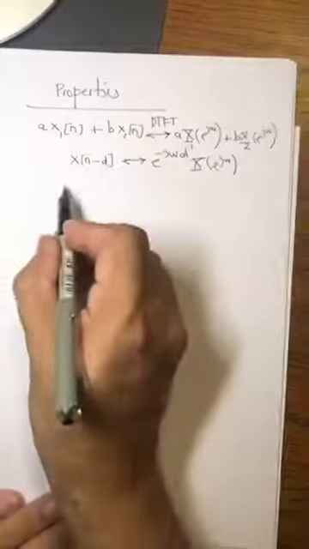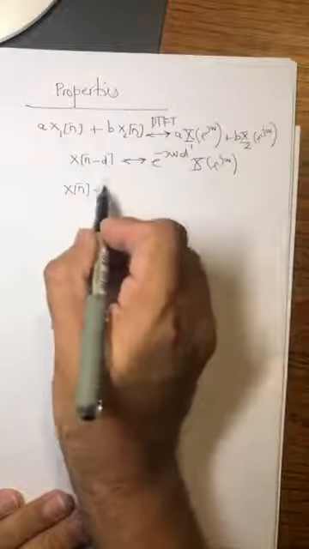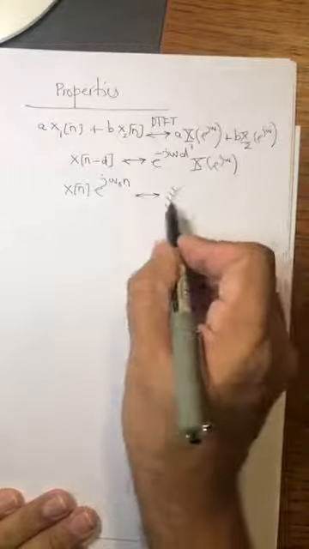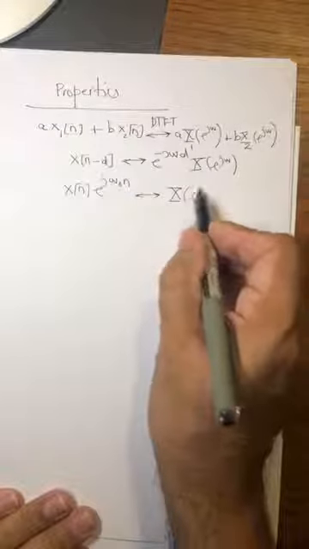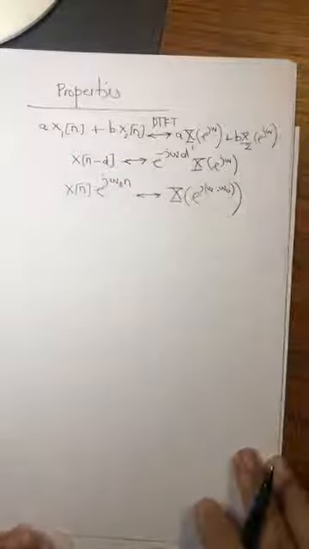The third property was if you multiply a signal with an exponential, then its Fourier transform is shifted in the frequency domain. Remember this?